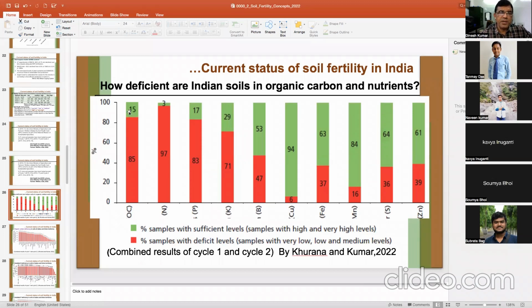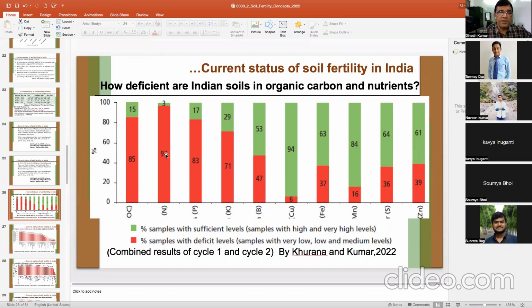Only 15% had sufficient levels, because there are only two classes now. Sufficient means they had high or very high levels.